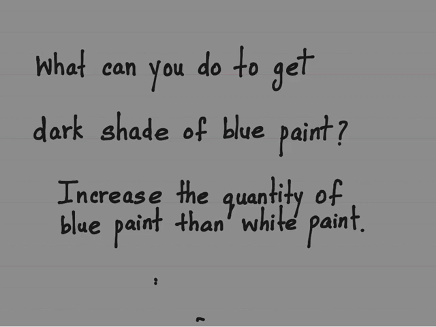Example, 20:1. So when we use 20 cups of blue paint, you can use 1 cup of white paint. In this way, we will get a darker shade of blue paint.